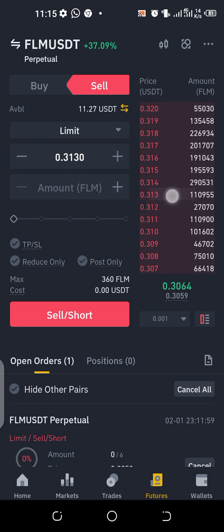So it will be 313 minus 0.0005, that is, 313 and then I subtract 1, 2, 3, 4, 5. That's 3125. I usually do that: I use 15, 1.5, or 150 depending on the denomination, and subtract something from there. You can just decide to use the one immediately below it. If it's going to fall from 314, let me place my sell order at 313.